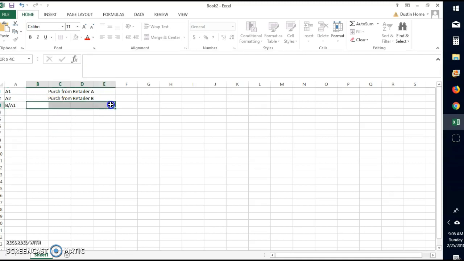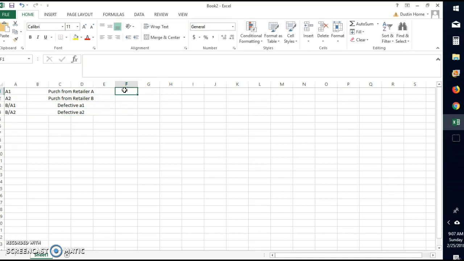B is the probability that it's defective. So if it's from A1, it's the probability that it's defective, and then the probability of B given A2 is the probability that it's defective. You could put defective from A1 and then defective from A2, so you have to look at that.